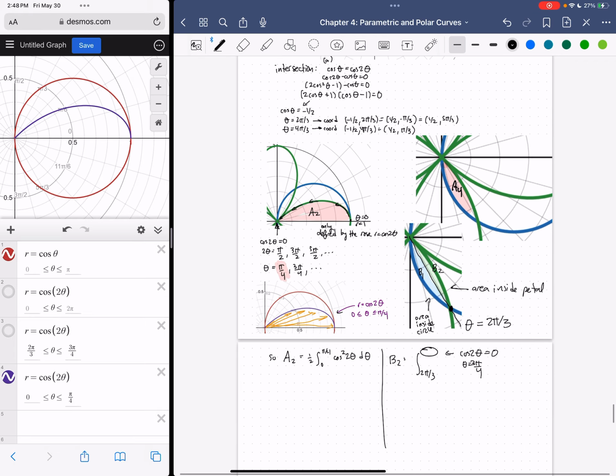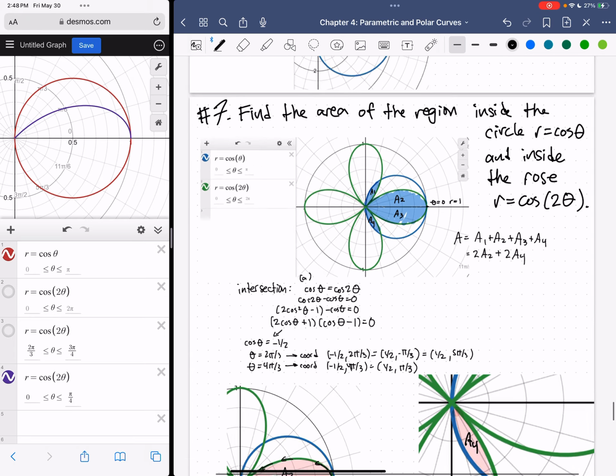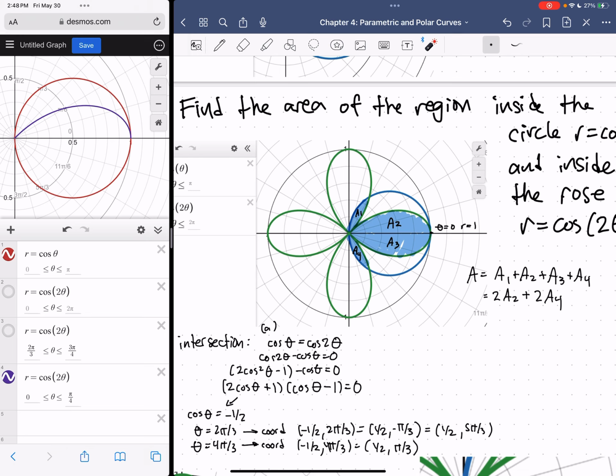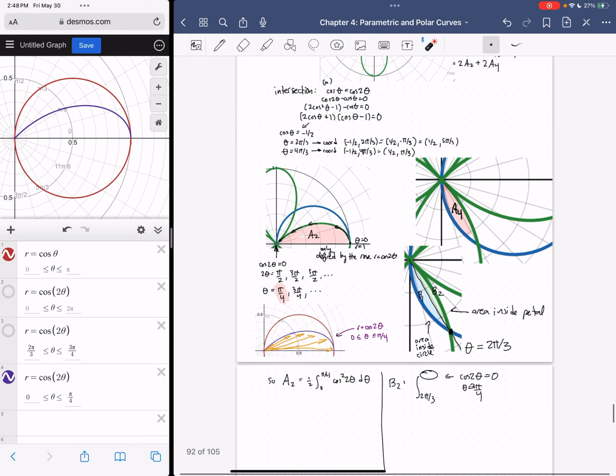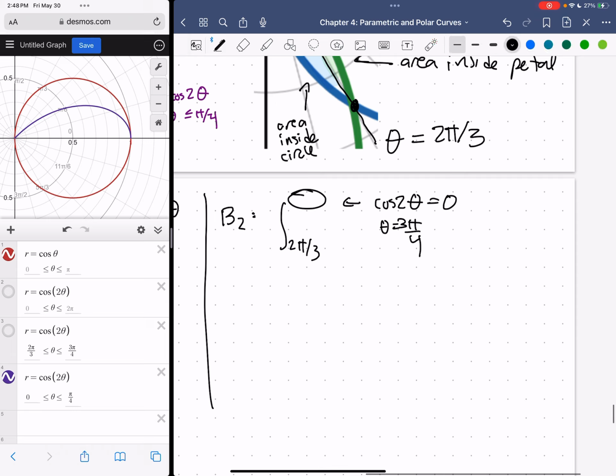And indeed, if we move back to the full graph and think about the angles corresponding to the polar curve, we're at 0, pi over 4, pi over 2, 2 pi over 3, 3 pi over 4. That's the second time we go through that. So here, tracing the curve to check.